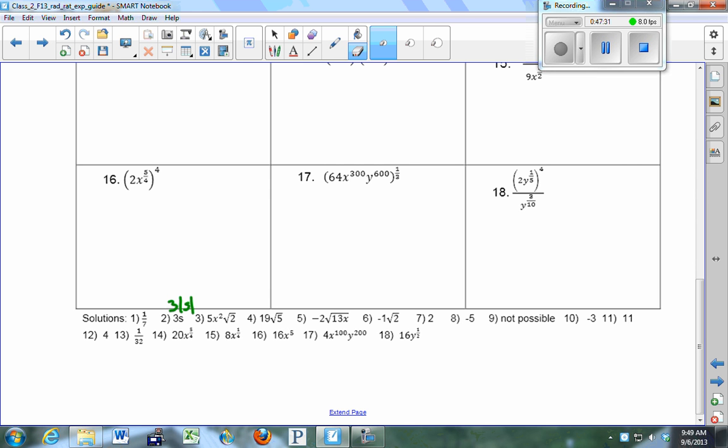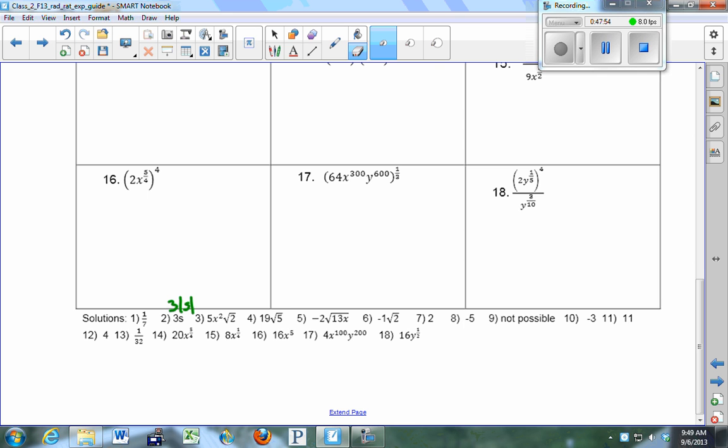Okay? So let's take the cubed root first. The cubed root is this. Then we'll square it, and then we'll take the flip. So let's work inside. 8 to the 1/3 is the cubed root of 8. And what is that? 2.